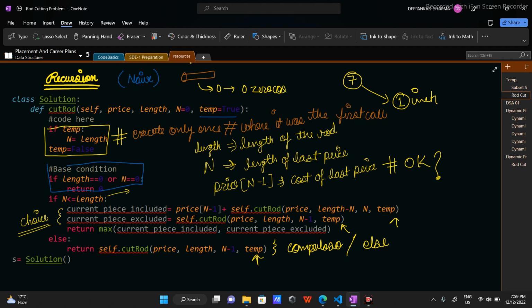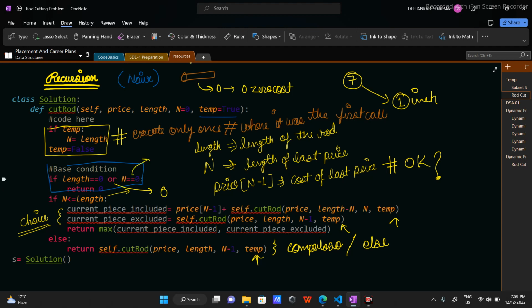I do not have a rod. How am I going to make money out of it? It's like I'm selling you a laptop, but I do not have a laptop. So are you going to give me money? No, right? So similarly, I do not have a rod, meaning the length of the rod is 0. So there will be no money, right? So the cost I will be getting is 0.